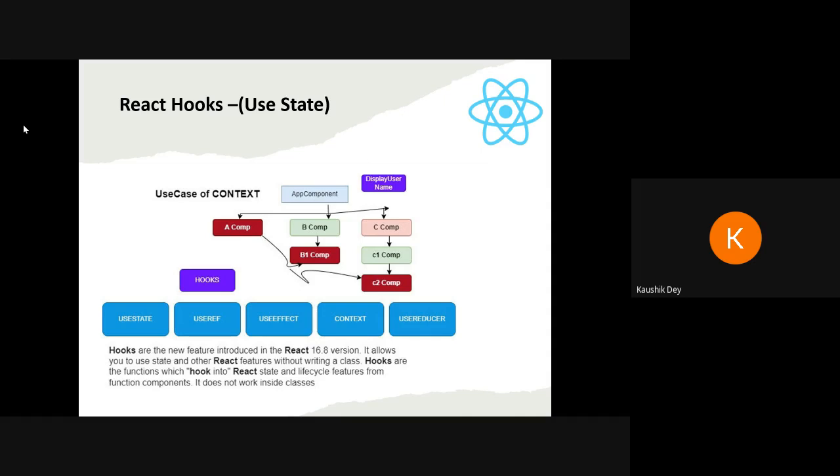We can get the value from any hierarchy level, meaning nested components, and we can send the value from my logic to any other component. In the context, there are two things: consumer and provider.